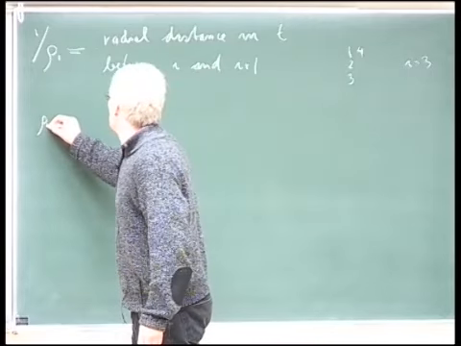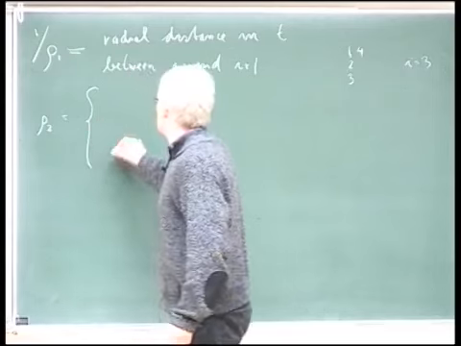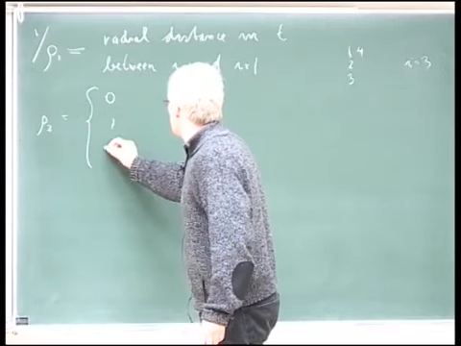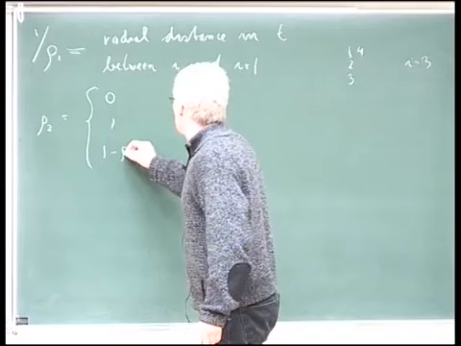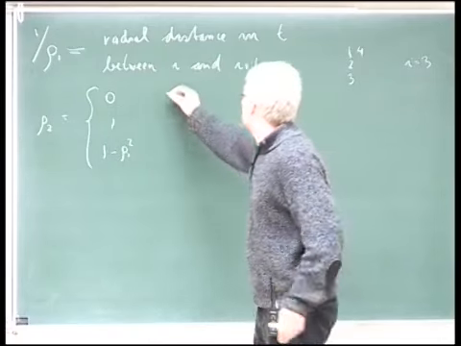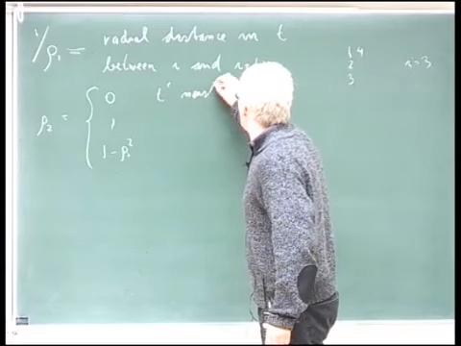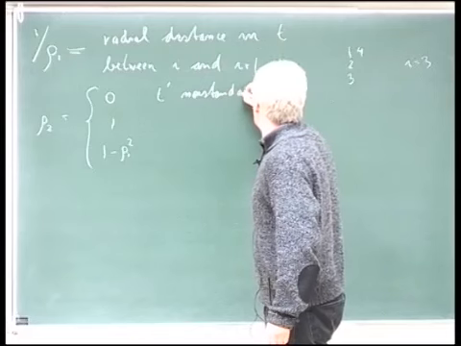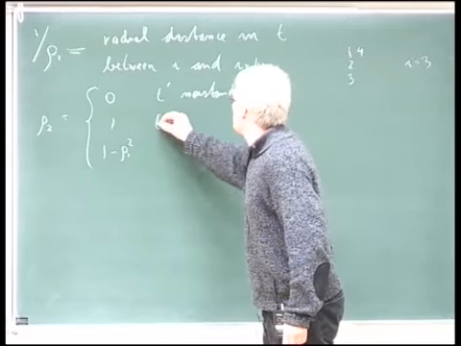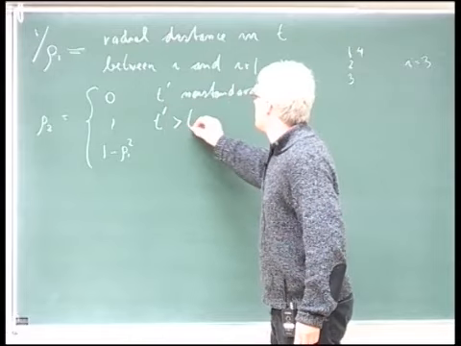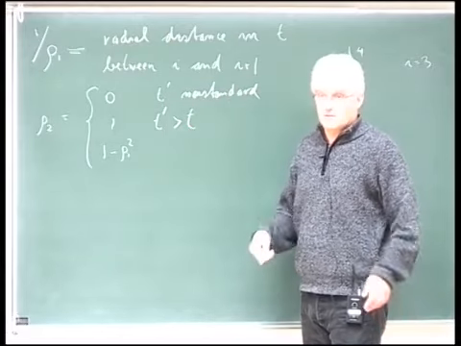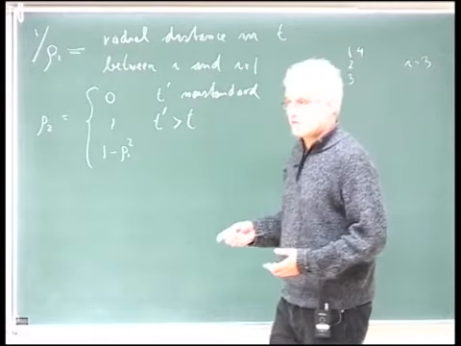And rho 2, there are three cases. Either it's 0 or it's 1, or it's 1 minus rho 1 squared. This is if T is non-standard. This is if T prime is larger than T with respect to the dominance order.